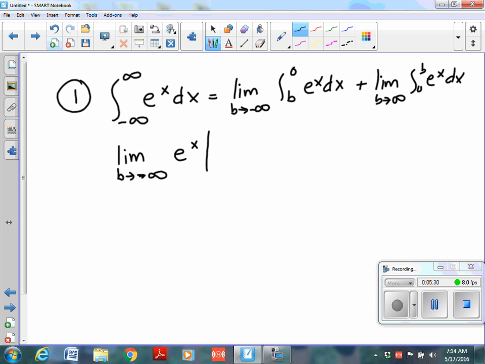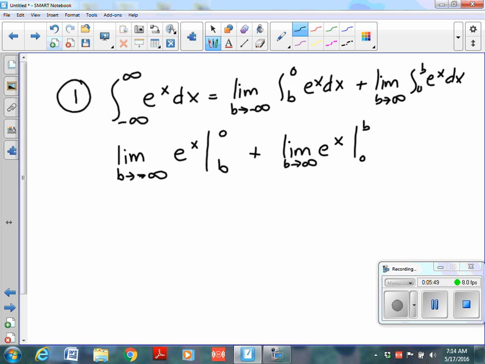I'm doing this one first, and then I'm going to do the limit as b approaches infinity of e to the x from 0 to b.